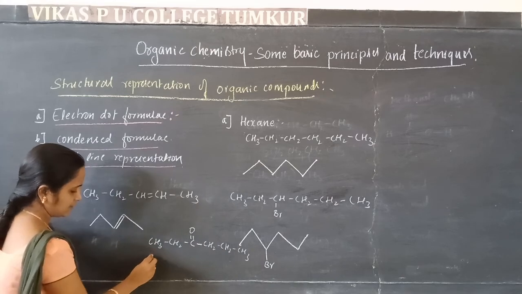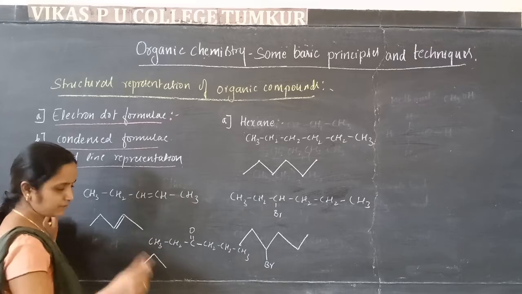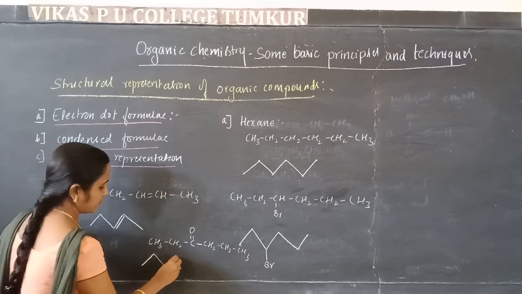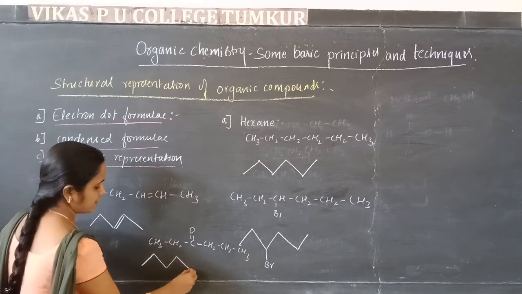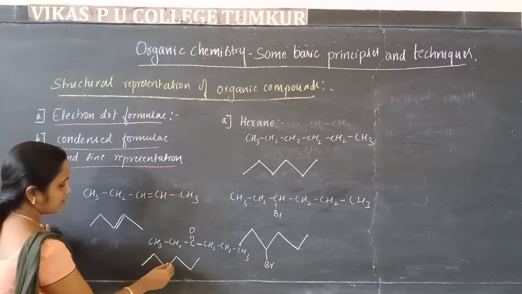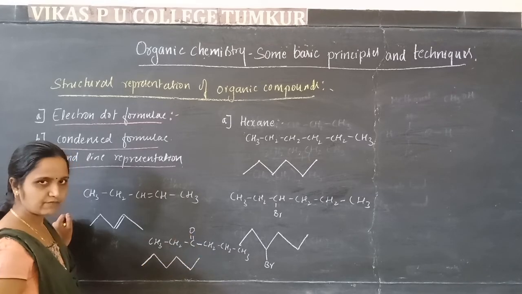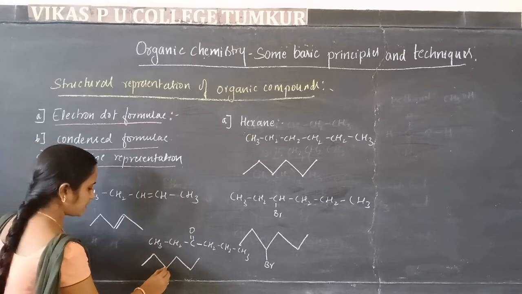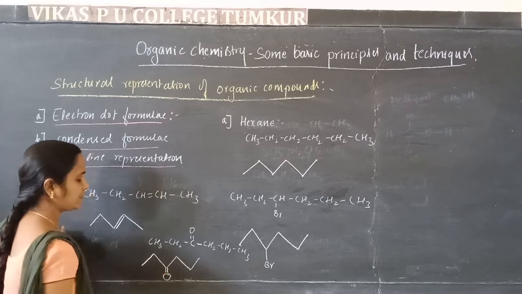You should draw the 6 carbons. 6 means 5 bonds we should draw. 1, 2, 3, 4, 5, 6. 6 we have written. In this, the third carbon is consisting of oxygen. Means 1, 2, 3, third carbon has the double bond and oxygen. That we are going to write.